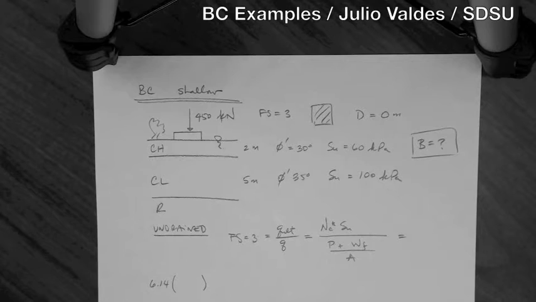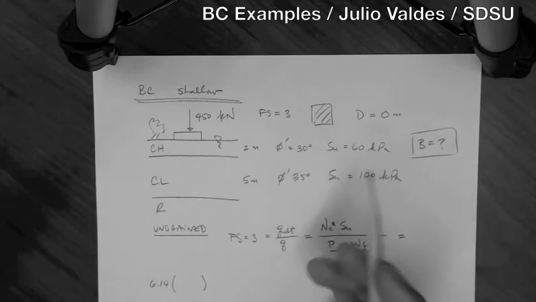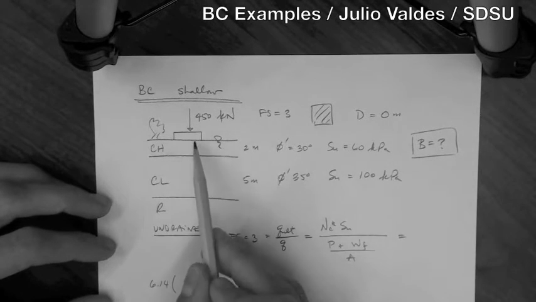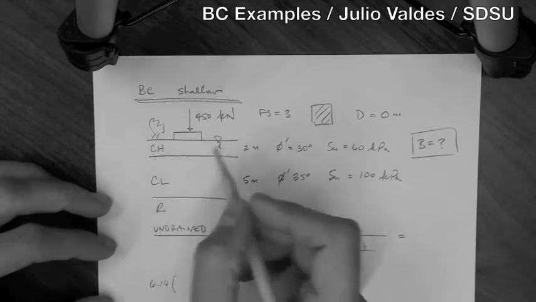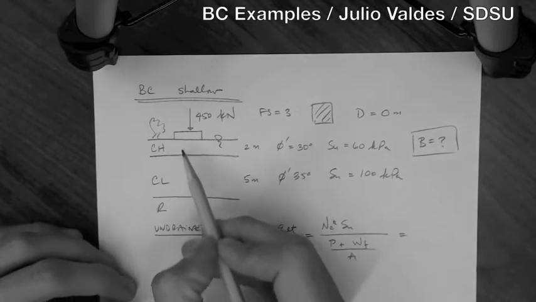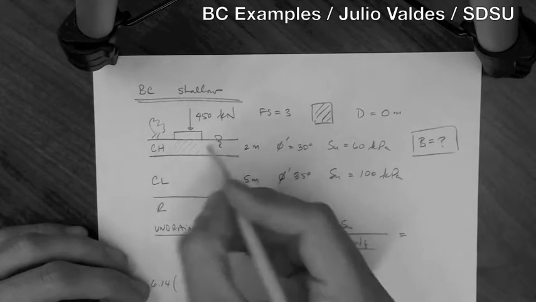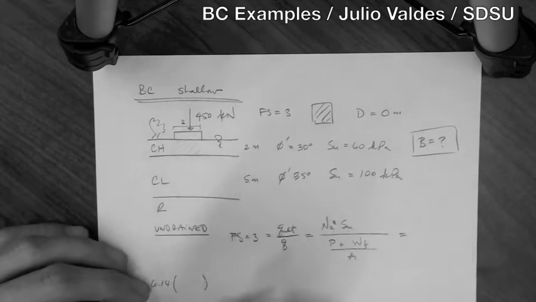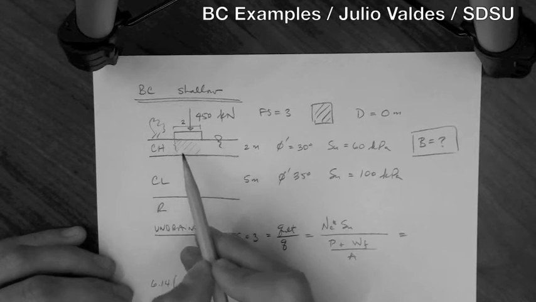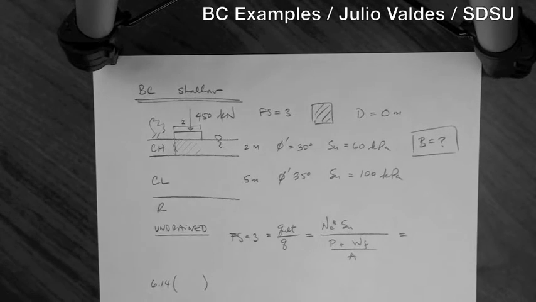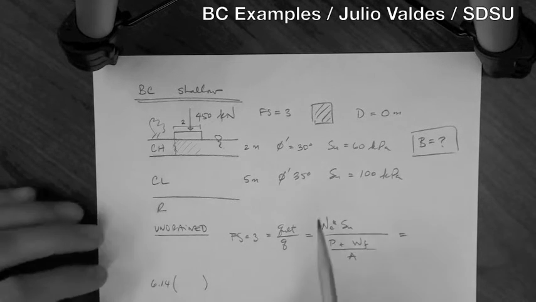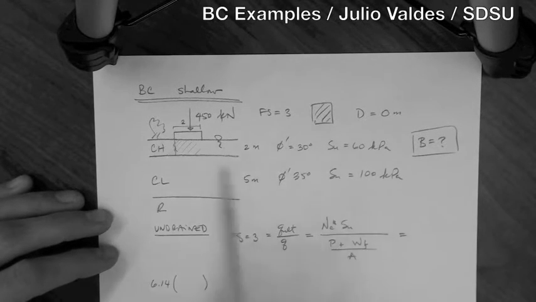So the first selection would be perhaps 2 meters by 2 meters, because that way the only zone or the only soil that is influenced, in quotes, would be this one, right? So if this is 2, then you have 2 meters of influence zone below the foundation base, and therefore you are only concerned in your analysis at that point with the undrained strength of that soil.